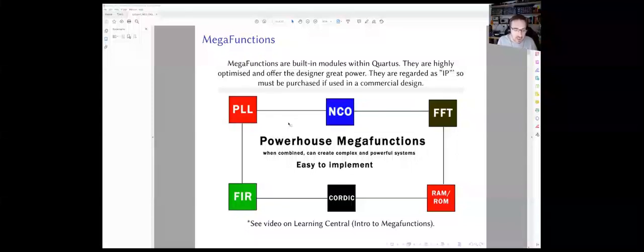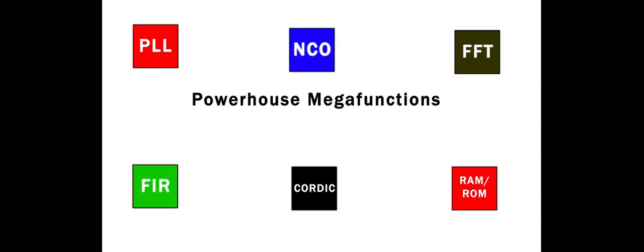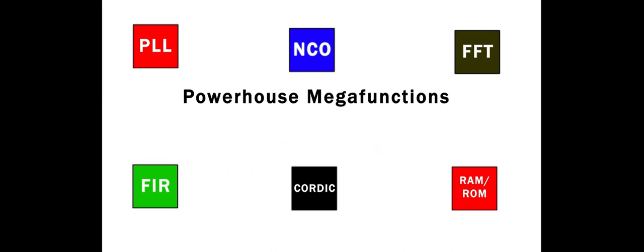That's hidden, and it's all driven by IP. So if you are developing a system commercially, you do have to pay to use these mega functions. But for us academic users, we are free to use these functions as we wish without having to pay. And they do come with great functionality.